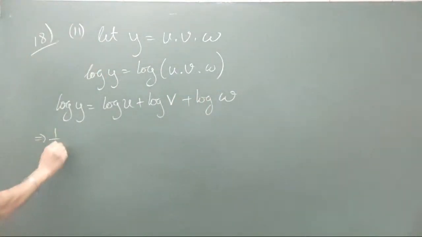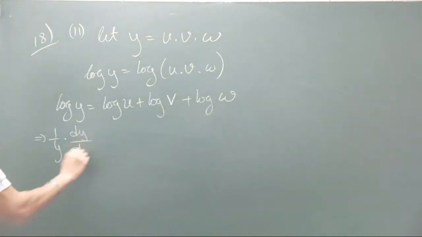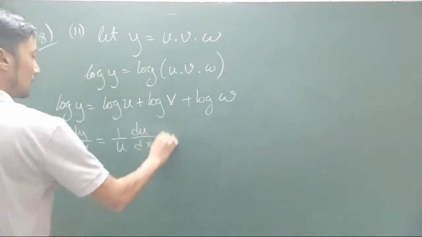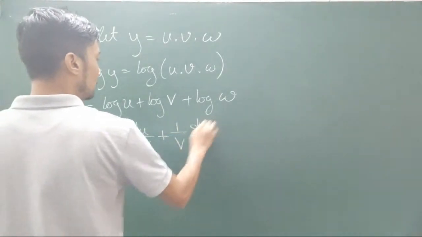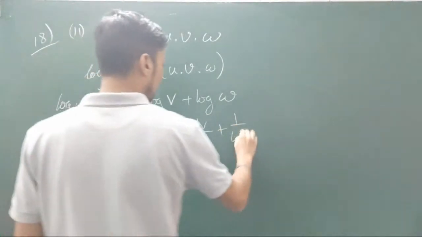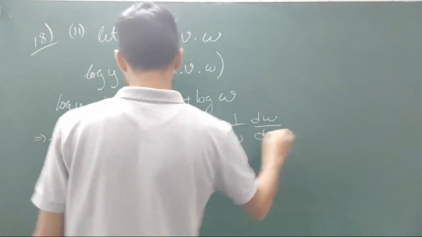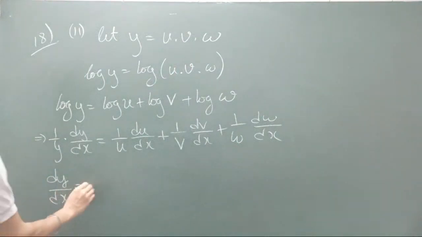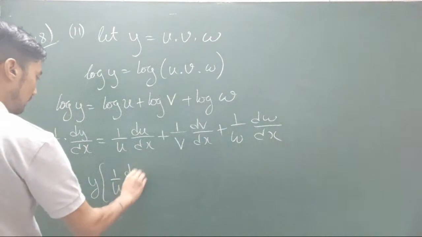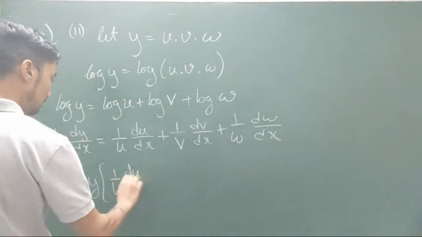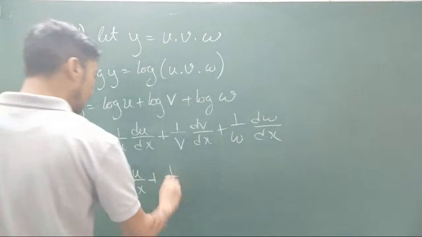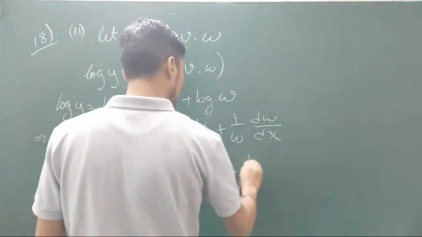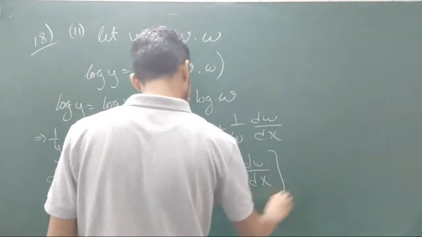Differentiating both sides with respect to x, (1 by y) dy by dx is equal to 1 by u du by dx plus 1 by v dv by dx plus 1 by w dw by dx. So dy by dx is equal to y into the function 1 by u du by dx plus 1 by v dv by dx plus 1 by w dw by dx.